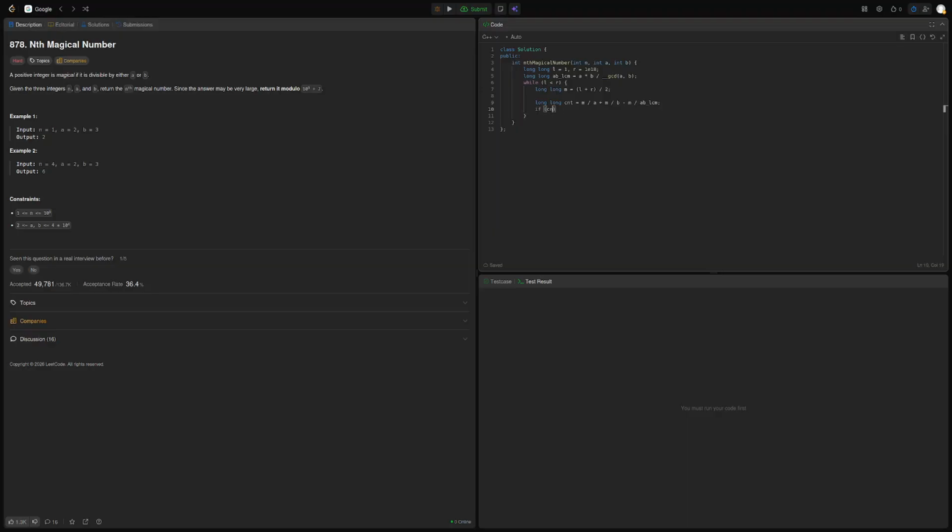So now if count is less than n, then, okay, and finally we return L modulo 10 to the 9 plus 7.